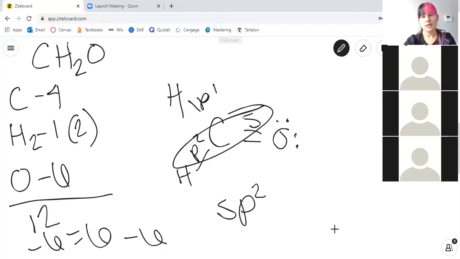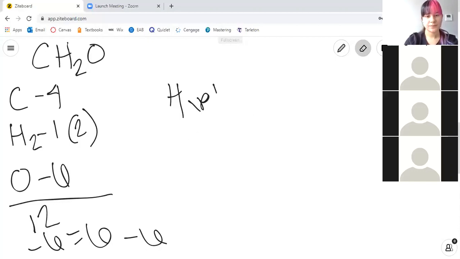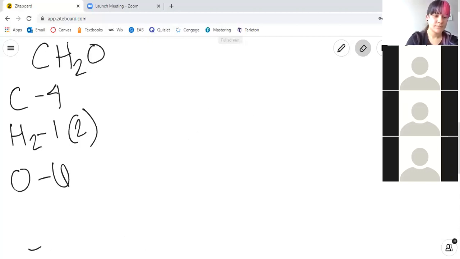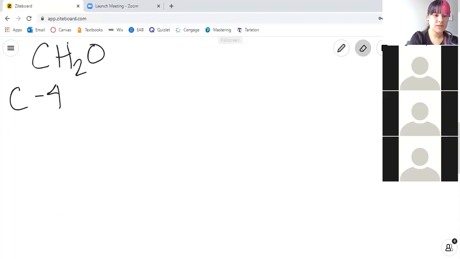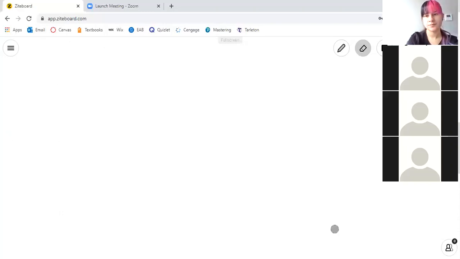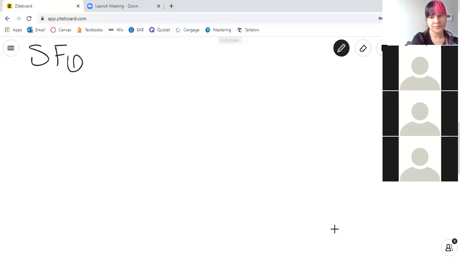Okay. So the last Lewis structure that I'm going to make y'all do, I promise. I know these get kind of tiring. It is going to be sulfur hexafluoride. Sulfur gives us 6 electrons.